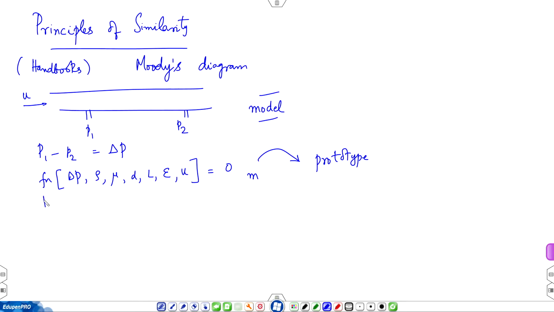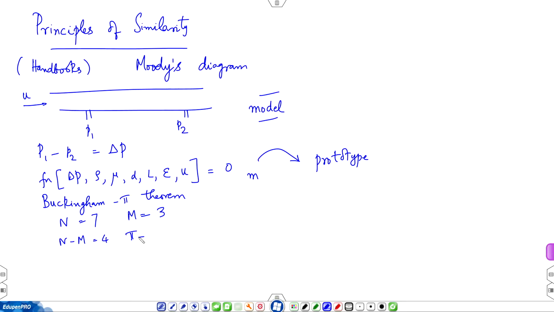So, a useful result in this context is the Buckingham pi theorem, which tells you that if you have n variables, in this case 1, 2, 3, 4, 5, 6, 7, in m dimensions, which is mass, length and time, then you will have n minus m, which is 4 dimensionless quantities, and these are these dimensionless quantities.